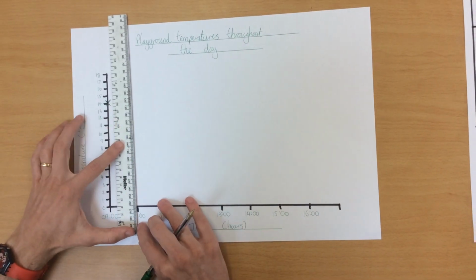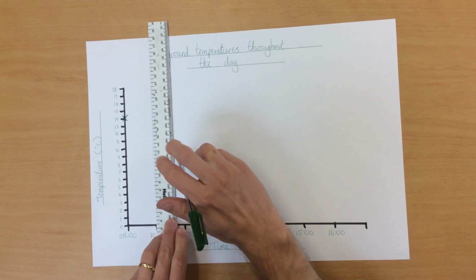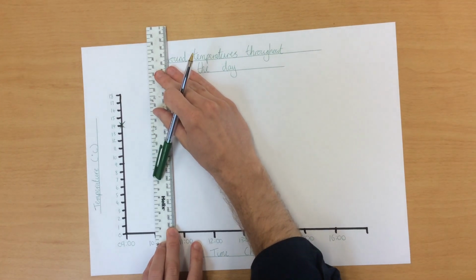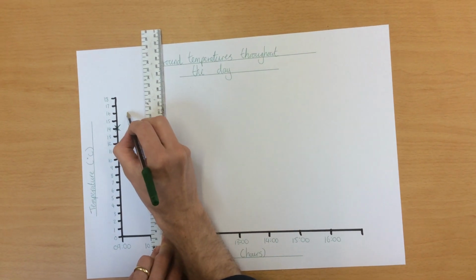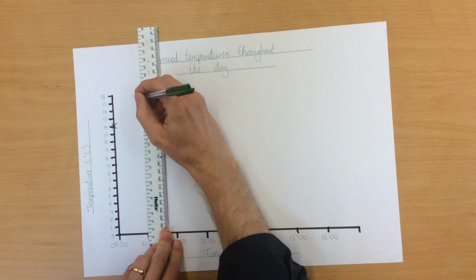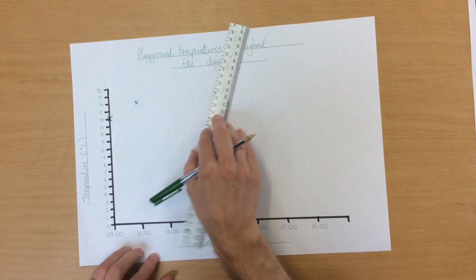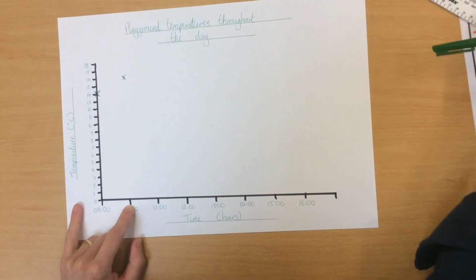Now I might do it on this side so I might see it a bit better. There we go. Nice and straight, as straight as you possibly can. And I need to plot 16 degrees Celsius. So 16 is here. I'm going to try and imagine there's a line going across. And I need to put it across about here. Okay, so at 10 o'clock, it was 16 degrees Celsius.